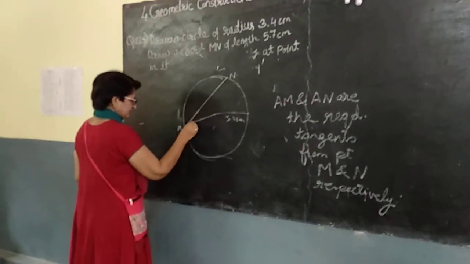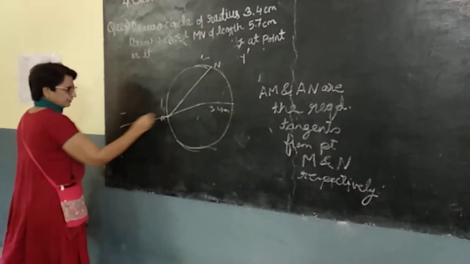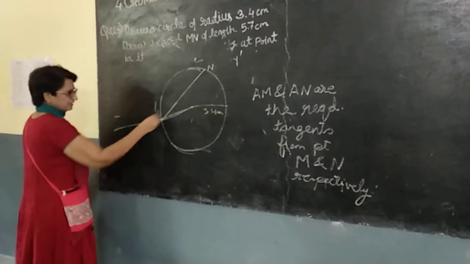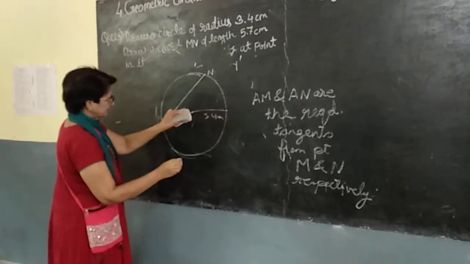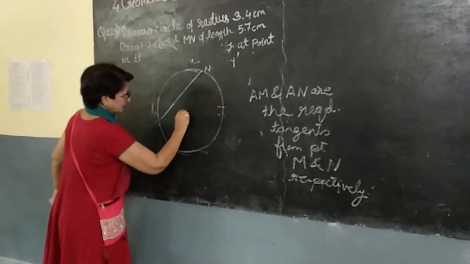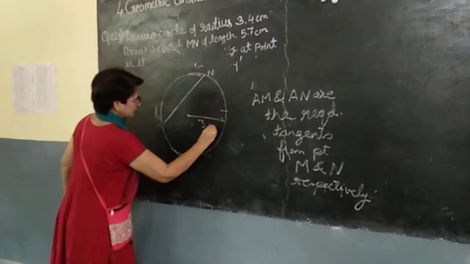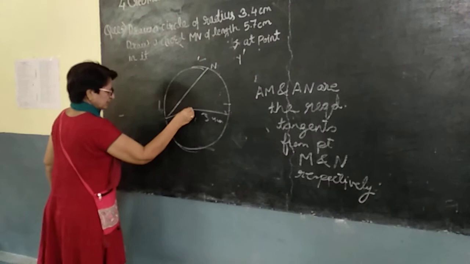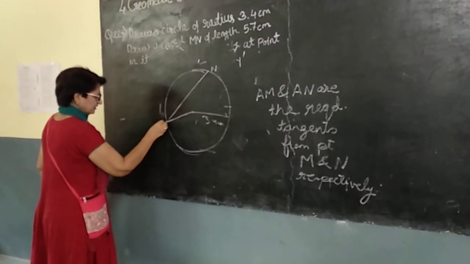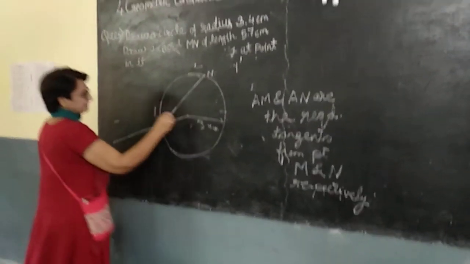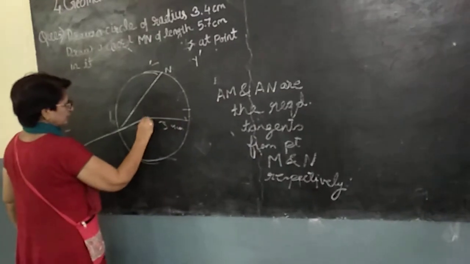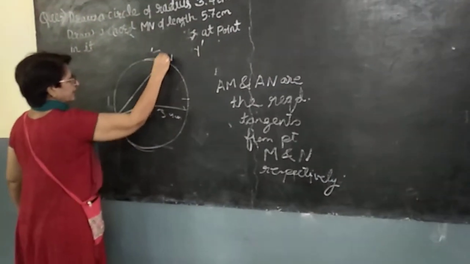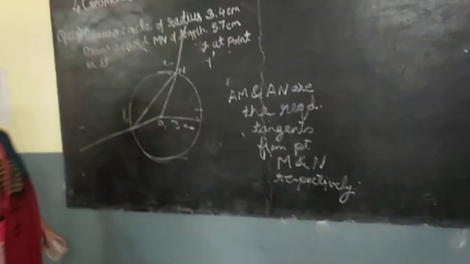Join it with the center and extend it further, straight. This is the radius 3.4 centimeter. Join it like this and after joining it, extend it straight. Similarly, join ON and extend it in this manner.